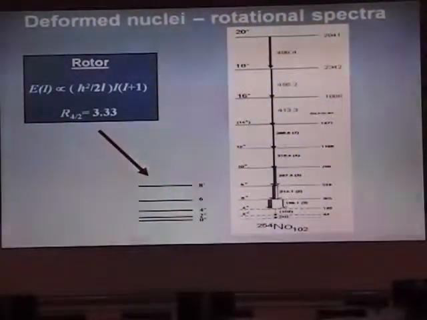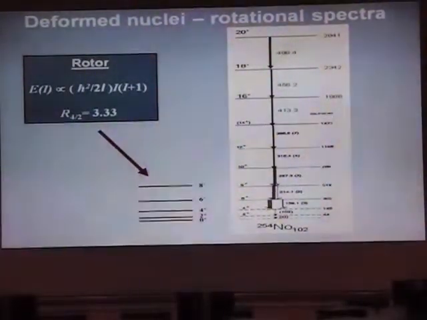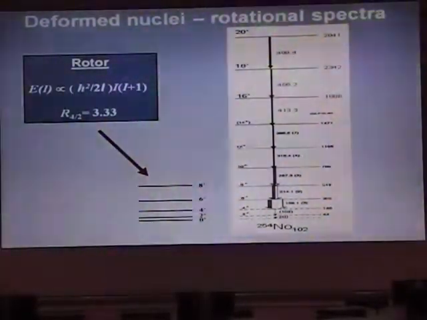What about for the 2 plus state? 6. What about for the 4 plus? What's 20 divided by 6? 3.33. Very good. What about for the 6 plus state? 42. Divided by 6 is? Get out your calculator. 7.